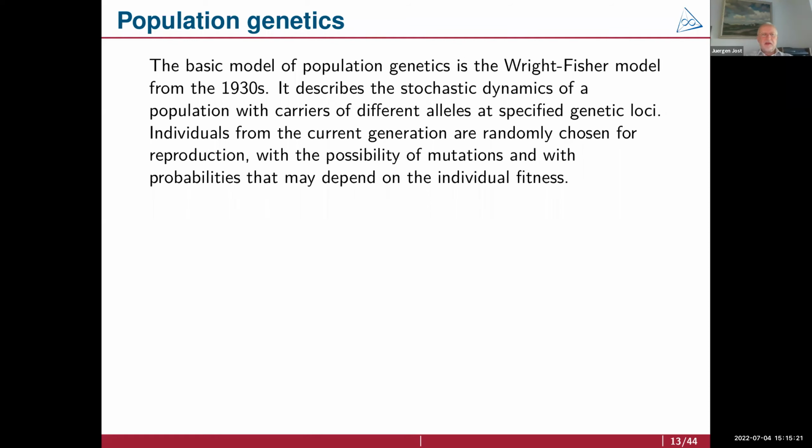And then in each generation, you randomly choose a couple of individuals, some individuals perhaps repeatedly, for reproduction, and then you generate the next generation. Mutations can occur in between, and the probabilities with which individuals are chosen may depend on the individual fitness.